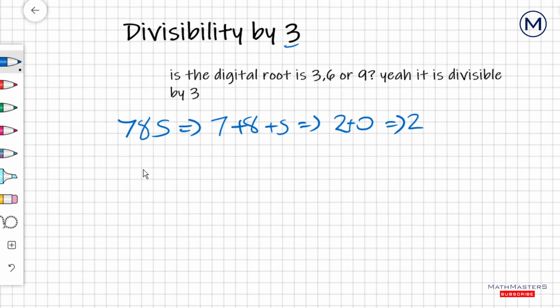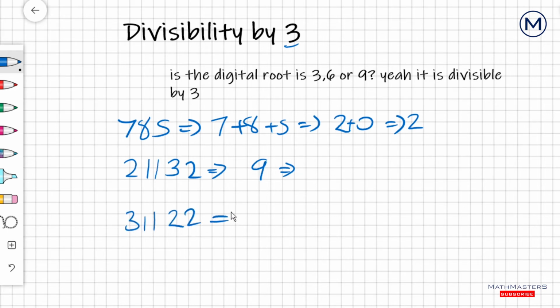Let's take another example. Let's take the number 21,132. If we take the digital root of this number, the addition of the digits will give us 9. So it is divisible by 3. It doesn't matter in which order the digits are. So we will rearrange these digits: 3, 1, 1, 2, 2.